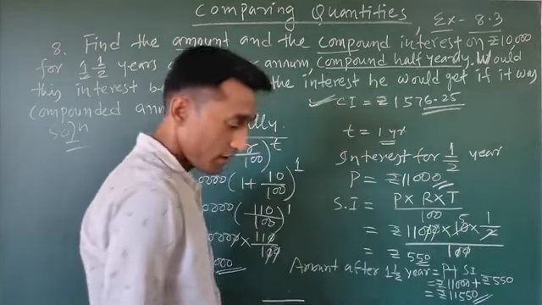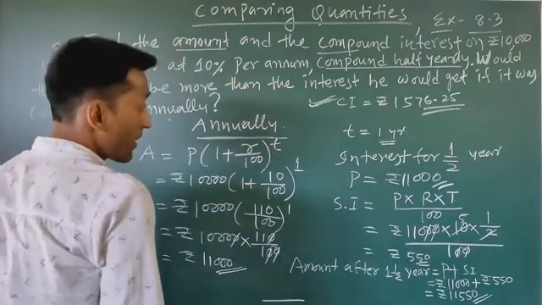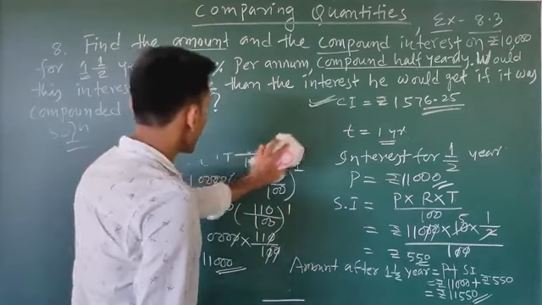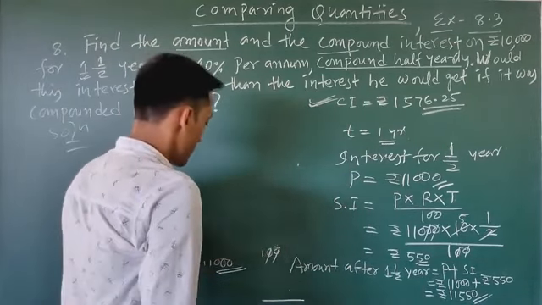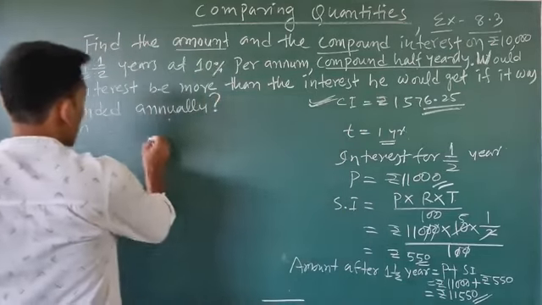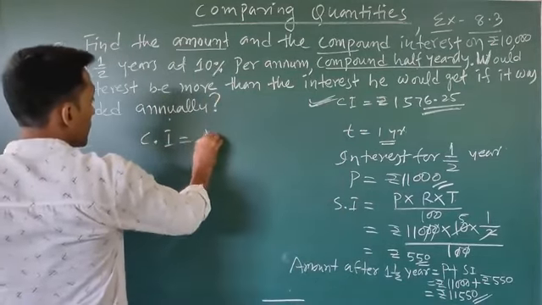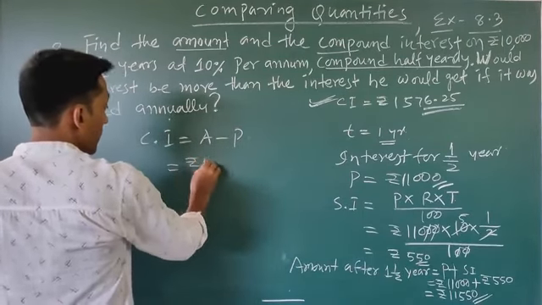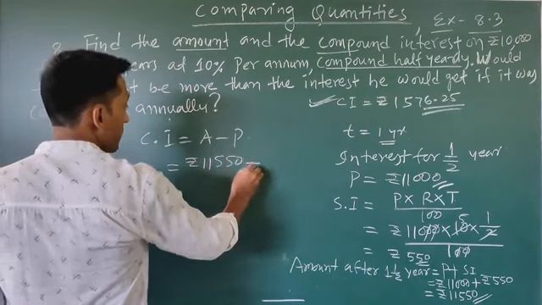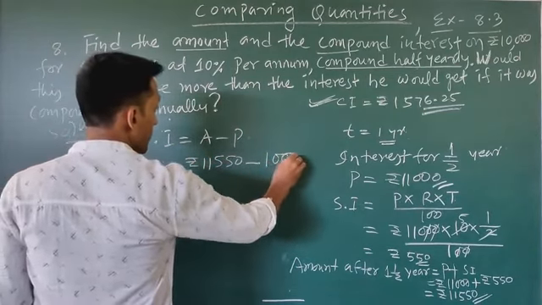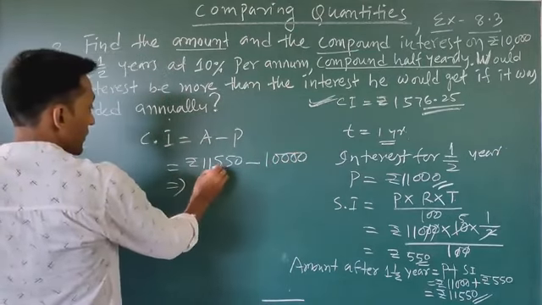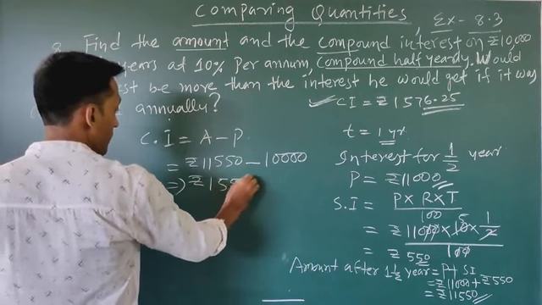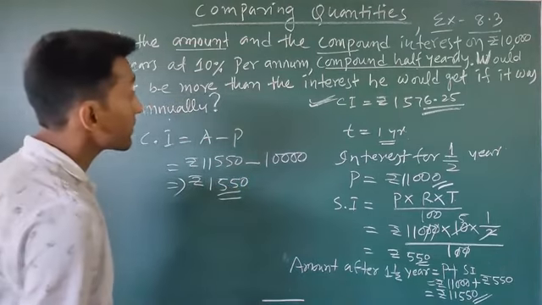This is the amount after 1.5 years when interest is annual. Now you have to find compound interest, which is amount minus principal. 11,550 minus 10,000 is rupees 1,550.